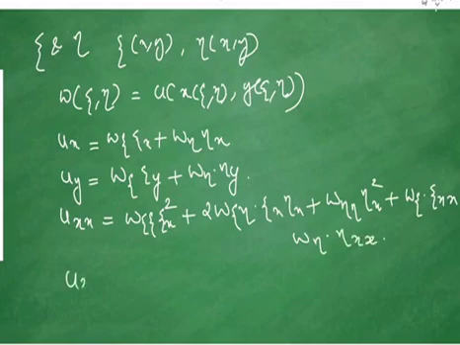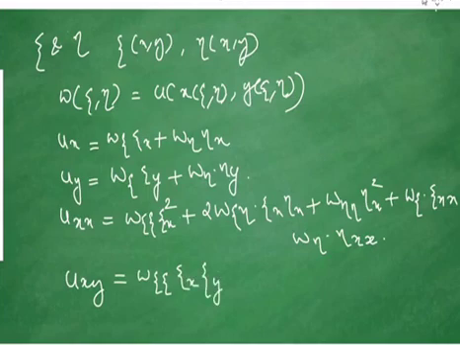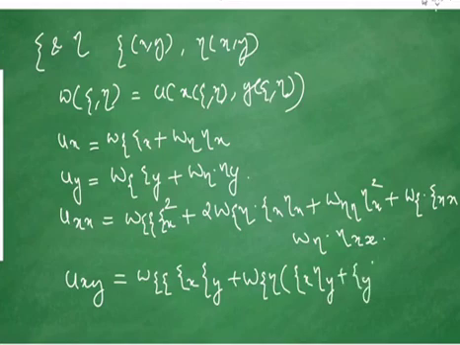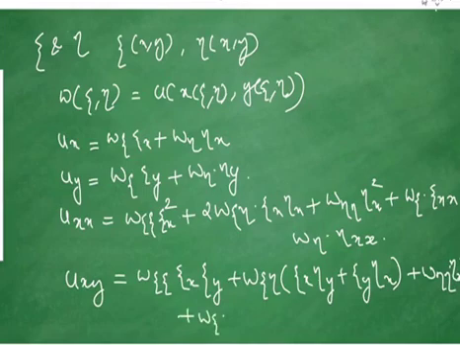Okay, and we have obtained uxy as w theta theta into theta x theta y plus w theta eta into theta x eta y plus theta y eta x, plus w eta eta into eta x eta y, plus w theta into theta xy plus w eta into eta xy.